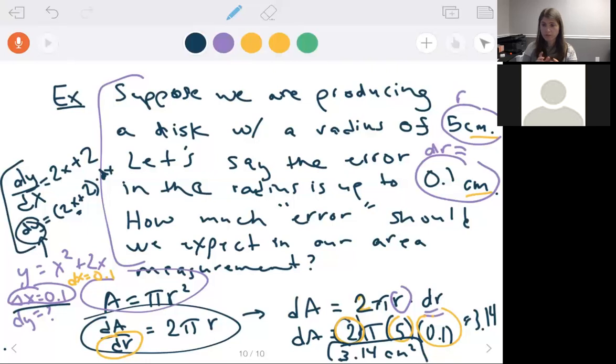And for the related rates and differentials, I really am going to stick to a narrow range, on the test, or on the homework, excuse me. The geometric problems are going to be circles or spheres or cubes. And then I threw in a couple of application problems where they're not circles and cubes, but they give you the function that you should implicitly differentiate. In other words, you don't have to come up with the function in that case.